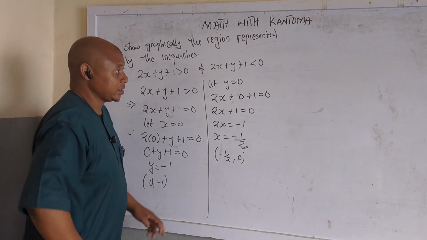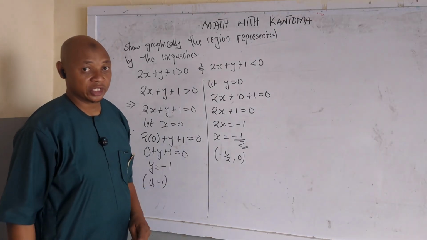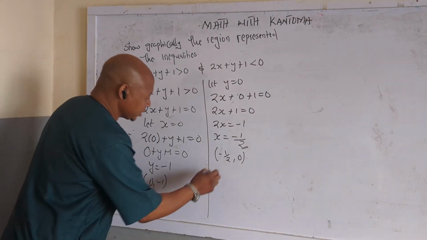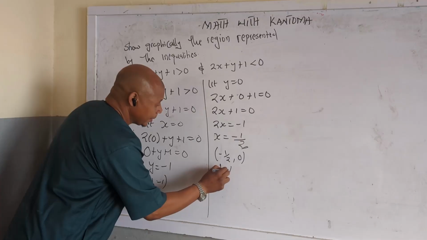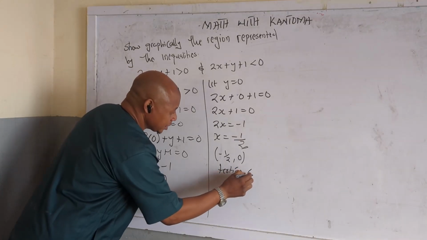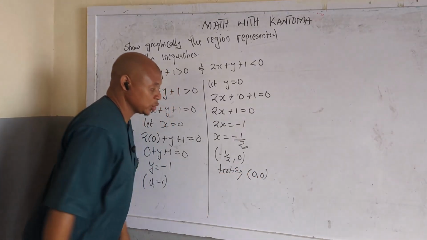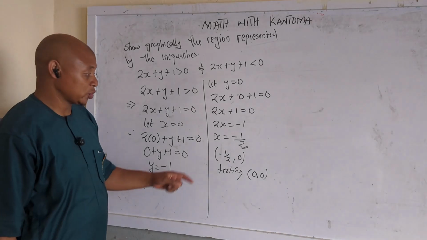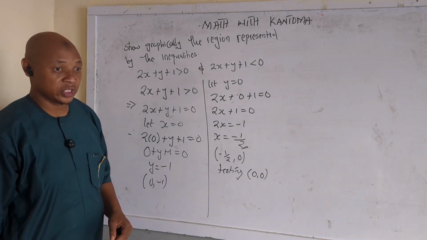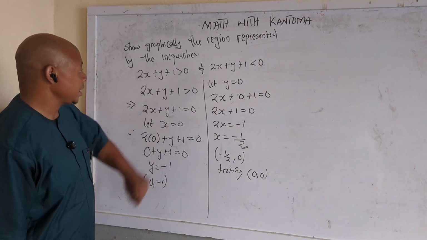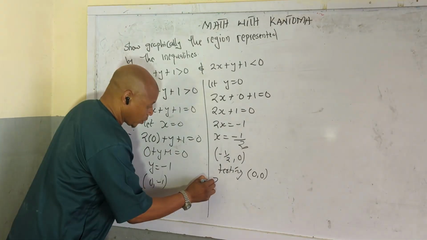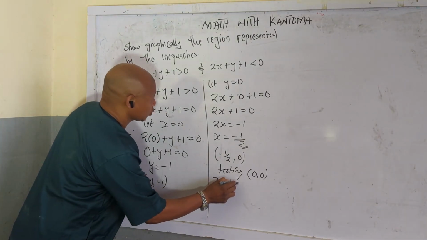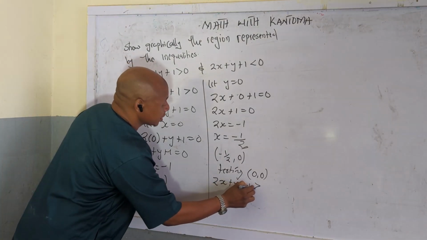Now we go for testing to see which region will satisfy the inequality. We are testing at the coordinate 0, 0. When x is 0, y is also 0. Pick the first inequality, which says 2x plus y plus 1 is greater than 0.